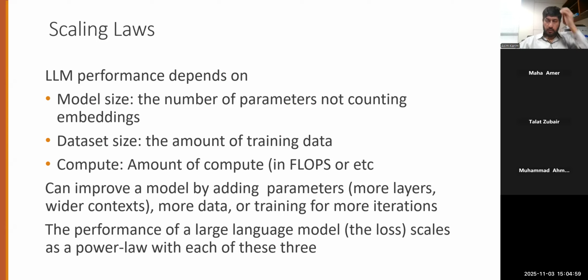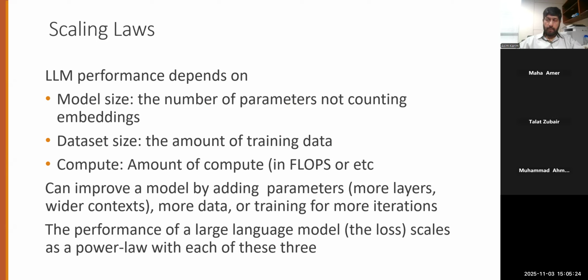So model size, number of parameters. And the second is the data set size. So how big is the data set on which you have trained the model? We can call this D. And then the computing power that is needed, or the number of epochs needed to train the network. We can call that C.